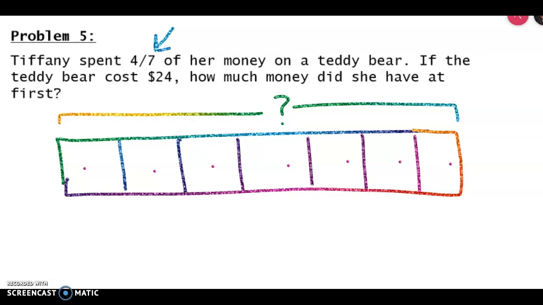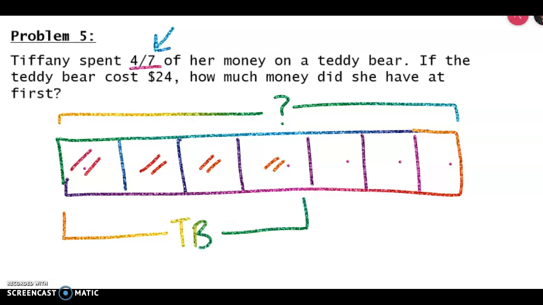It lets us know that 4 out of those 7 is spent on a teddy bear. So 1, 2, 3, 4. This all goes for a teddy bear, and we also know that those 4 units are equal to $24.